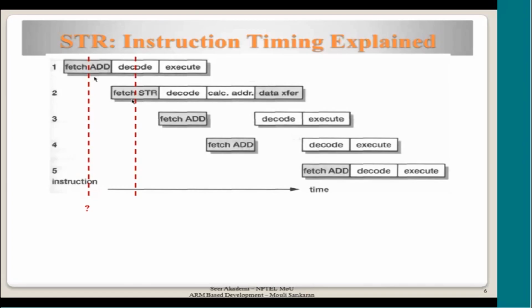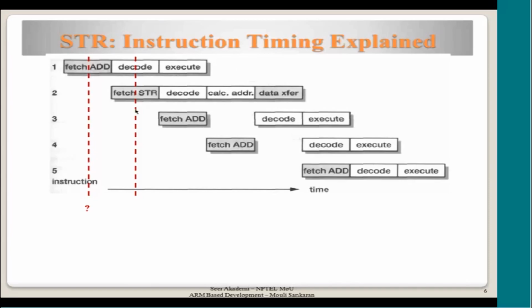The pipeline moves in lockstep, every stage, and it depends on what instruction is in each stage. The maximum time that any instruction in that stage takes is the way the pipeline is going to move. In this case, we know that there is a decode here, and there may be an execute of the previous instruction in there.